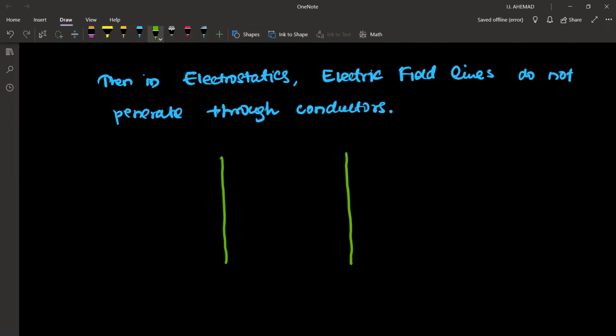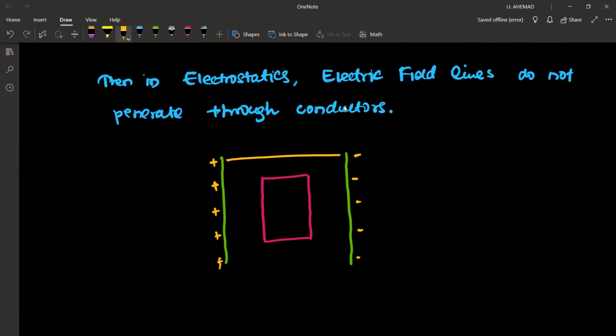So this is a uniform electric field. This side it's positively charged, and this side it's negatively charged. Now we place a conducting material at the center. Now let's draw the electric field lines.